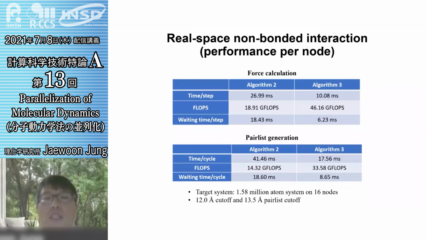In fact, for one integration step, the computational time is less than half. And the pairlist generation is also the same. The new algorithm increased the performance using the same number of processors, so it increased the performance by more than twice.